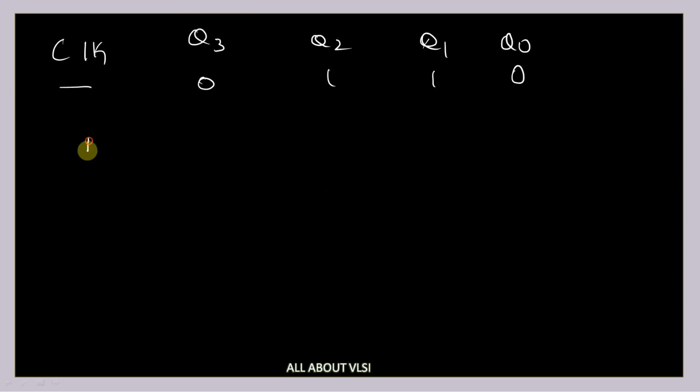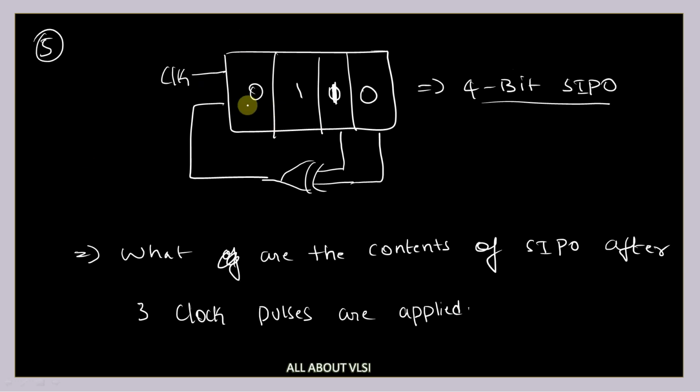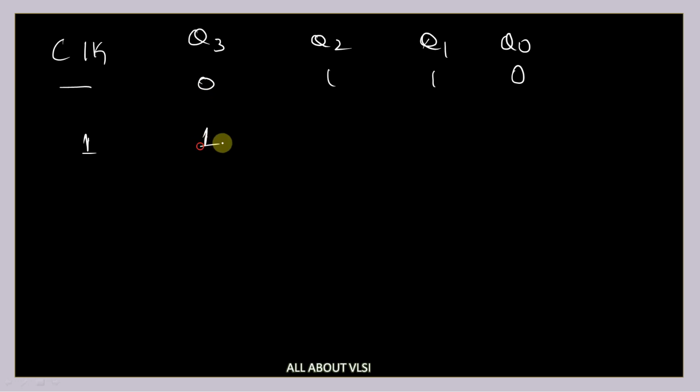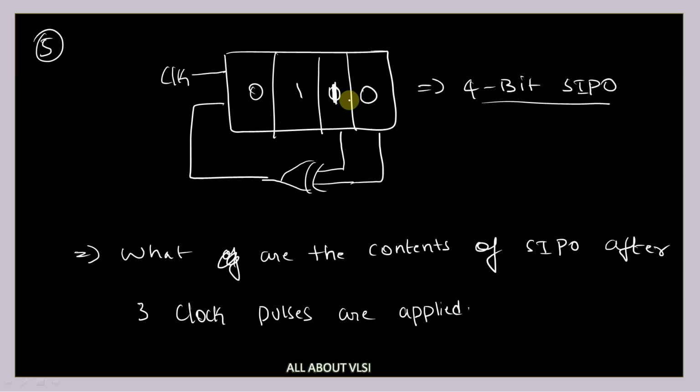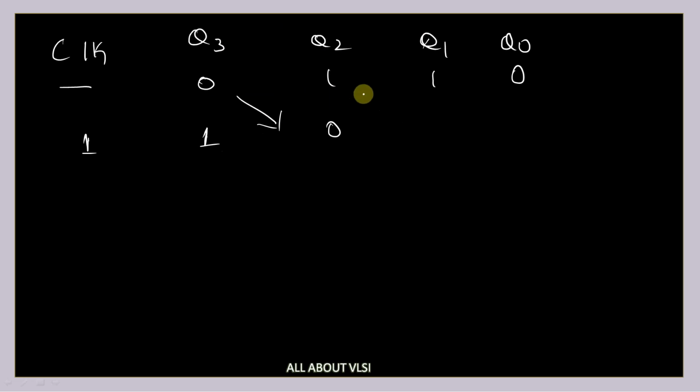Now, when you apply the first clock pulse, the content of Q3 is the XOR operation of 1 and 0, which is equal to 1. And Q2 is shifted, which is 0. This is Q3, Q2, Q1 and Q0. Next, the Q1 value is shifted, which is 1.